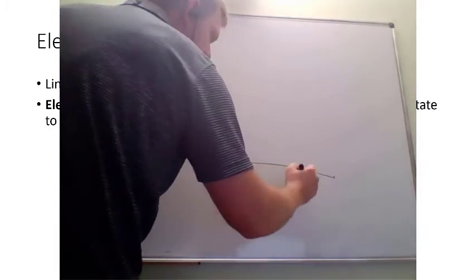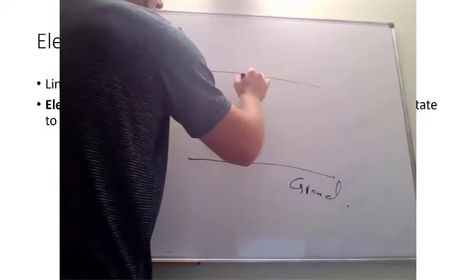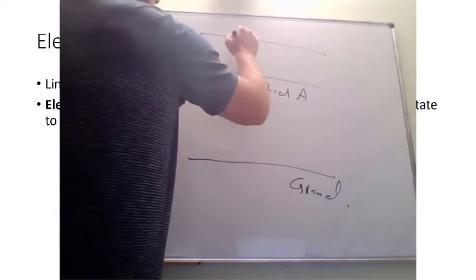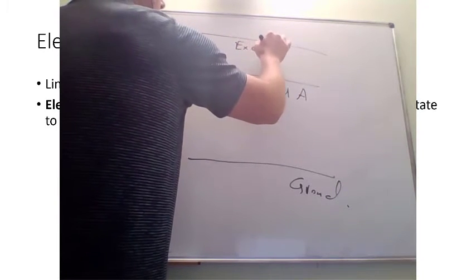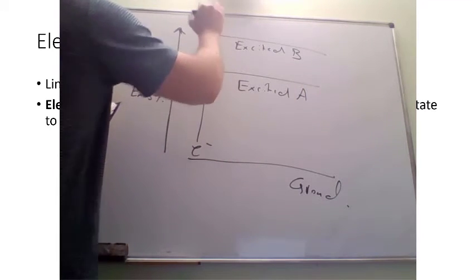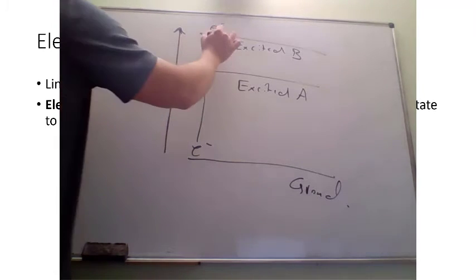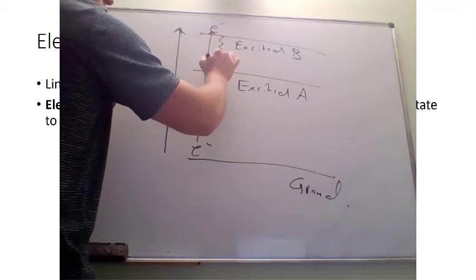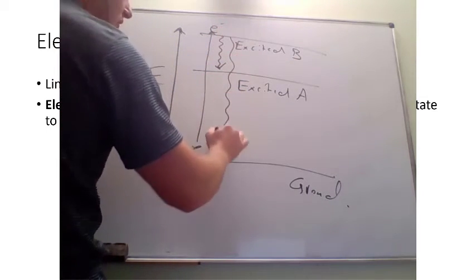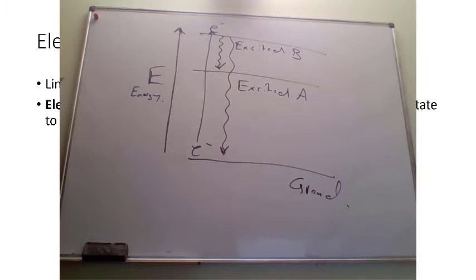So again, we have our ground state, and we have our excited state A, and our excited state B. Okay, so we have an electron that has been, say, excited up to excited state B. So we can either have an energy transition from B down to A, or that electron can transfer down from excited state B all the way down to the ground state.